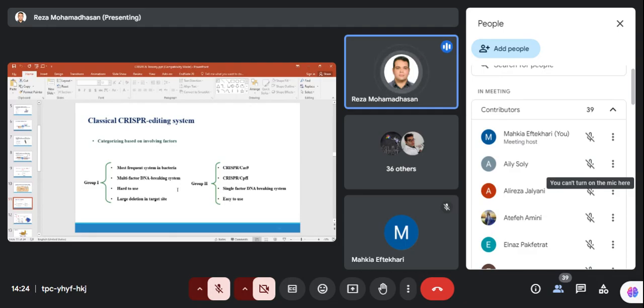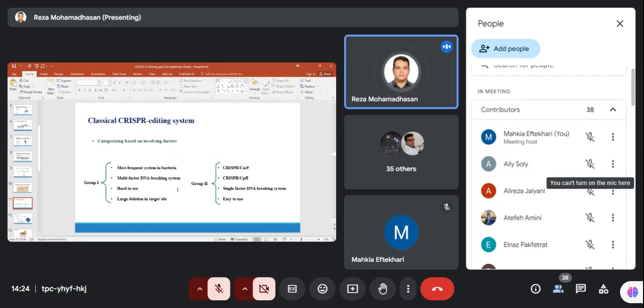In genome editing, we need to make small breaks in DNA to create an accurate deletion.